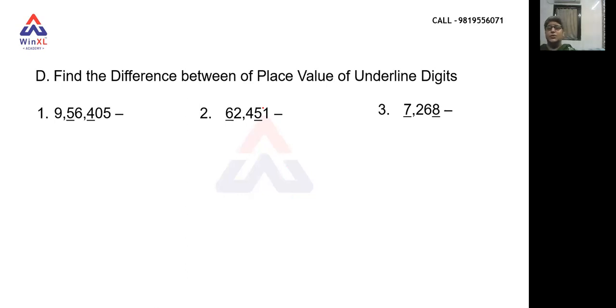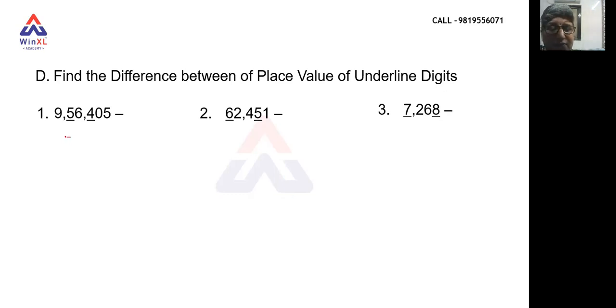Now, next type of question, find the difference between the place values of underlined digits. So we first find out the place value of the underlined digit, and they ask us to find the difference. So we do subtraction here. The first one I will solve for you. The second and third you have to solve.